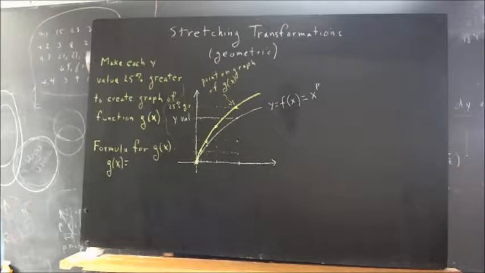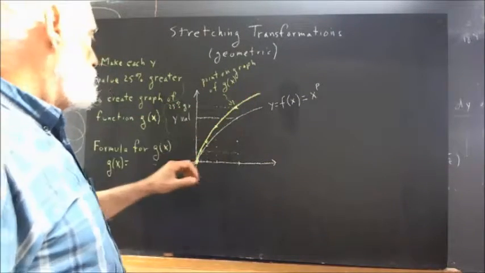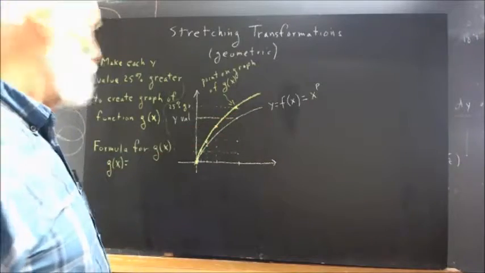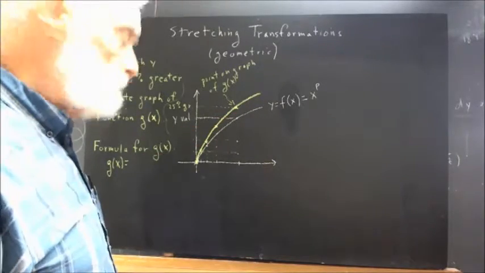Okay, so I'm going to ask a couple of questions just to focus our attention on this graph. It appears that the graph of g of x keeps getting further and further away from the graph of f of x.